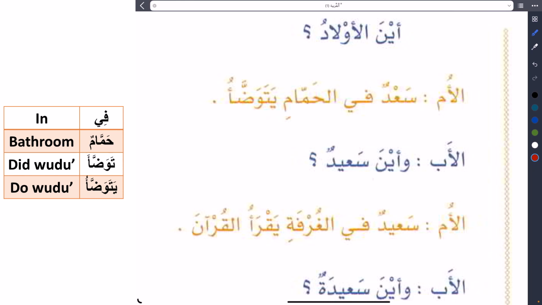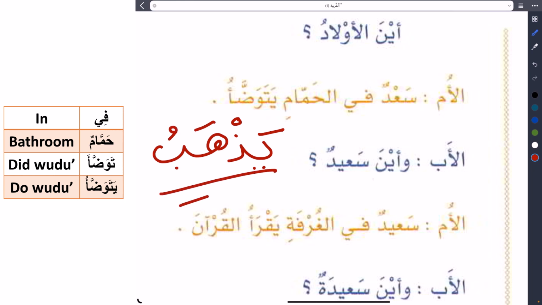Let's practice. This is a present verb, يذهب. You don't need to know its meaning.